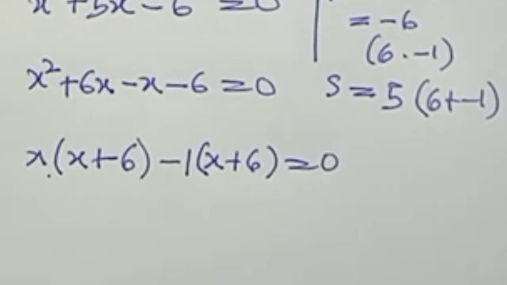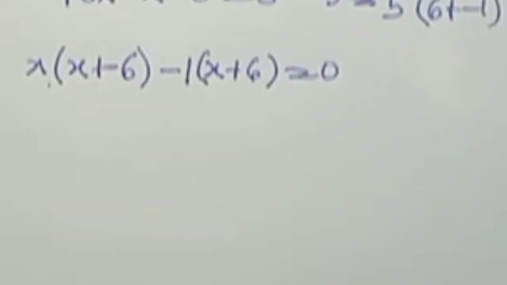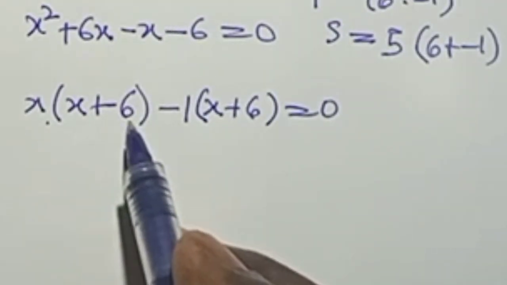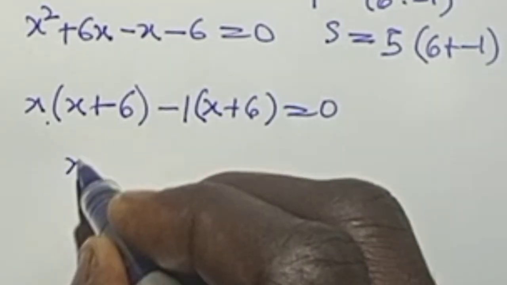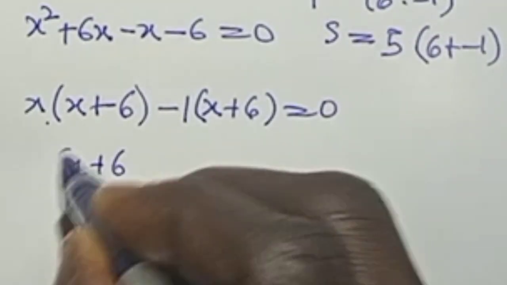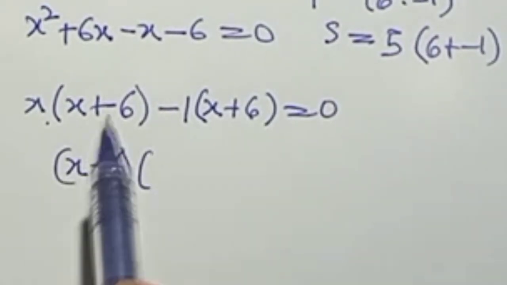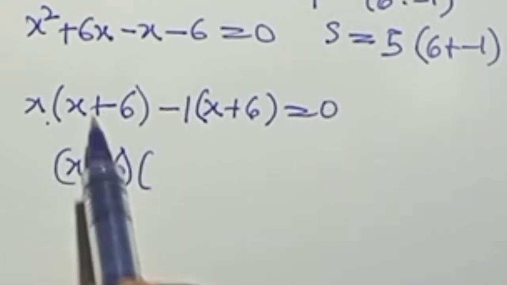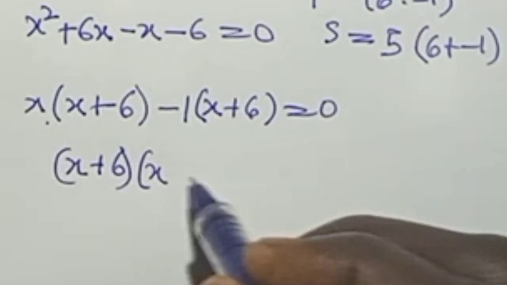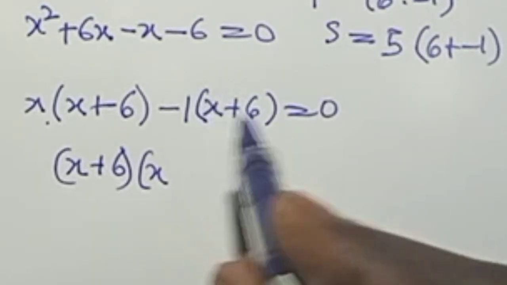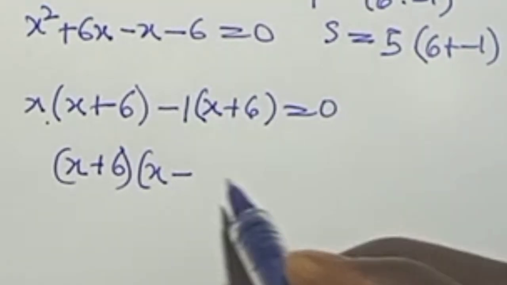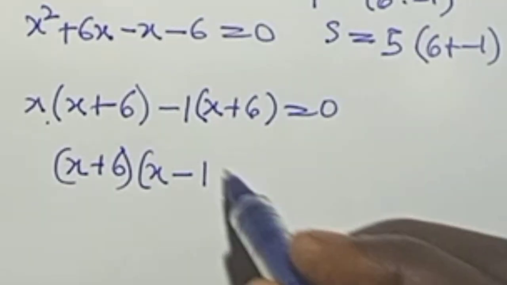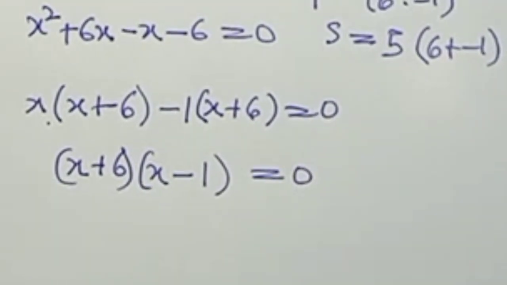Close the bracket, equal to 0. s plus 6 is common, so we write it as s plus 6 once. Open the bracket. When you take s plus 6 from this term, it will be left with s. And when you take s plus 6 from here, it's left with minus 1. And this is equal to 0.